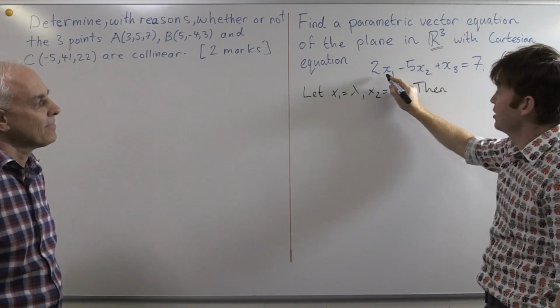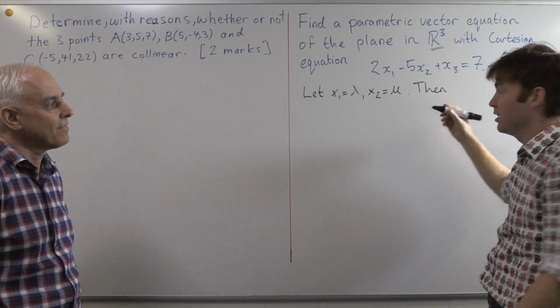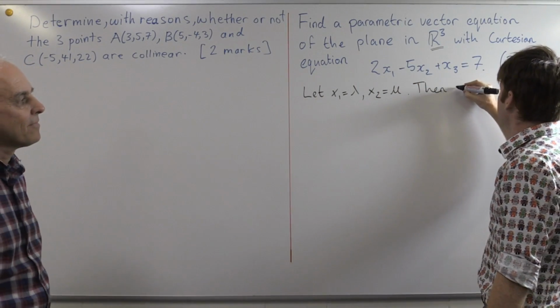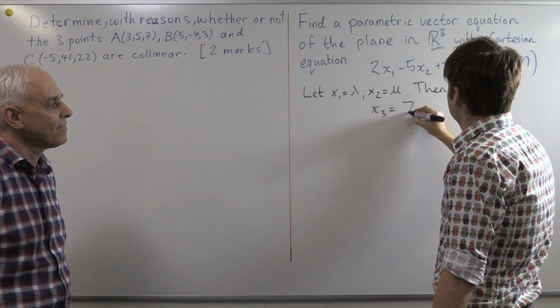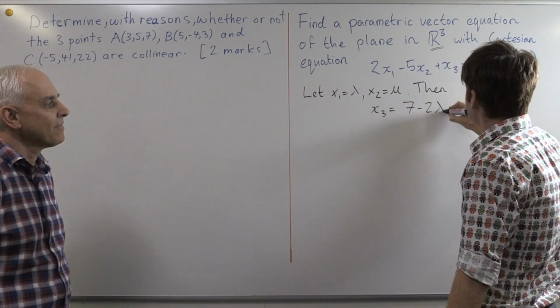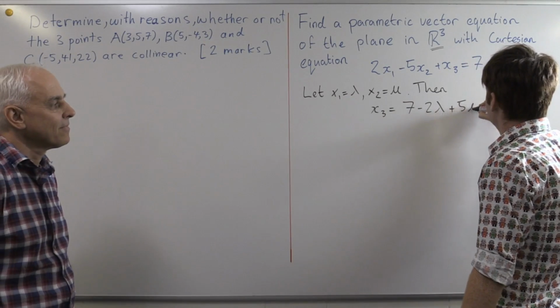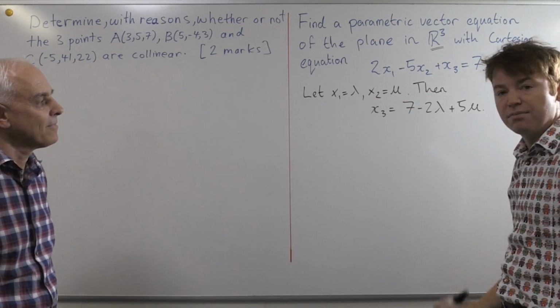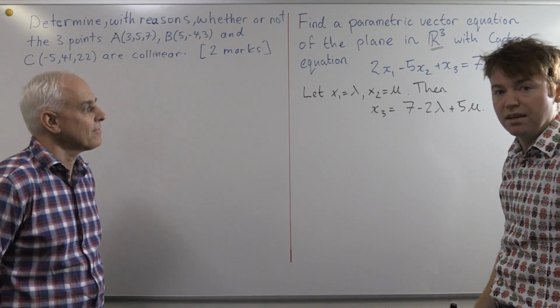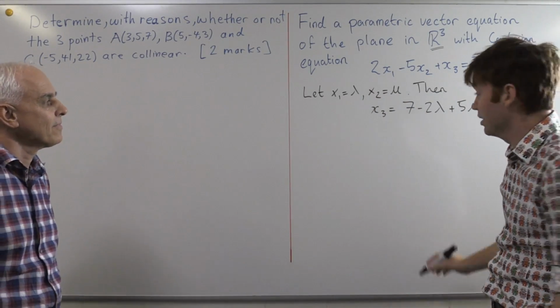Once I've chosen x1 and x2, x3 is specified exactly by the equation. x3 is equal to 7 minus 2 lambda plus 5 mu. Good. So if x1 is lambda, x2 is mu, then x3 must be this for my x, or my point x to be on the plane.